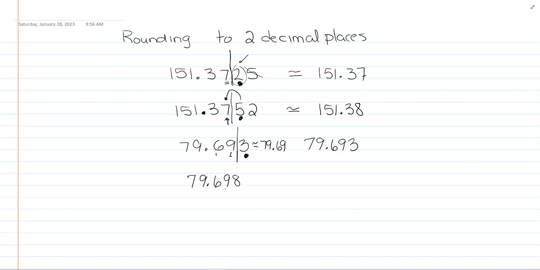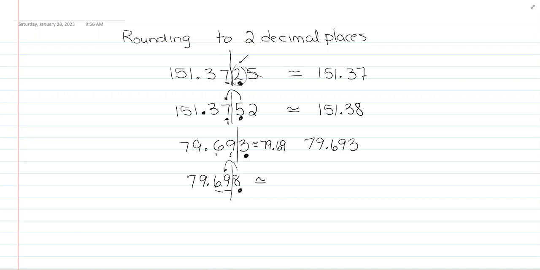Let's try this next one here. If I, again, go to 2 decimal places, 1, 2, draw my line. I look at the 8. That's going to be big enough to move this number up 1 digit. But that's a 9. So when I move that up to a 10, it bumps the next number up.